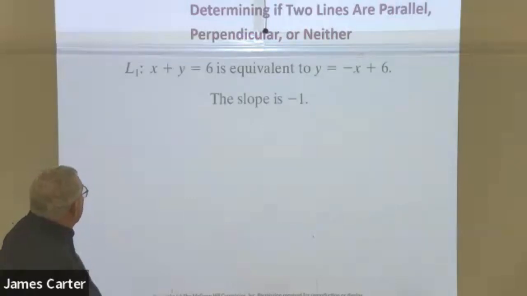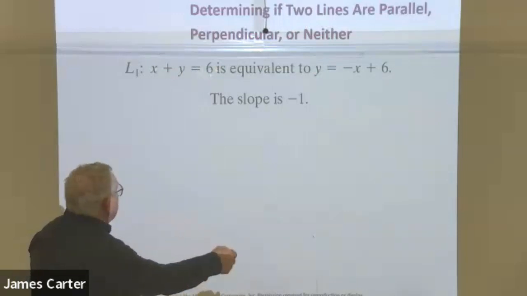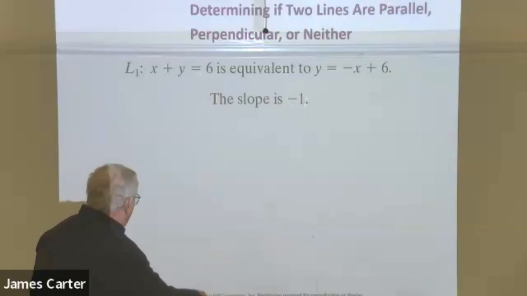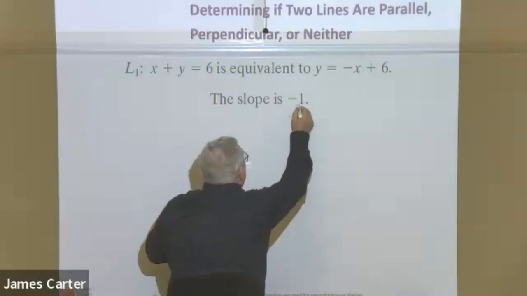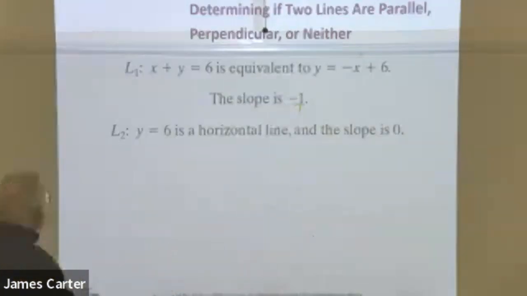Now, on this one, we put it in y = mx + b by taking this x on the other side, and we get a slope of -1/1. That's a horizontal line, so the slope is 0. In other words, 0 times x + 6.